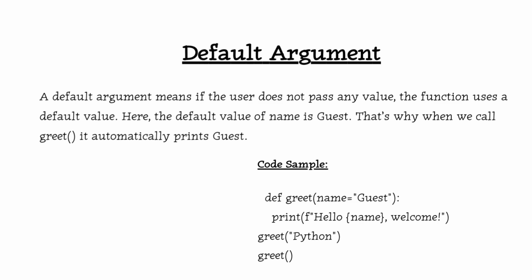And after that I call that function by using greet with a name and pass the parameter in the first line. But in the second line, as you can see, I just call the function without passing any parameter over there.